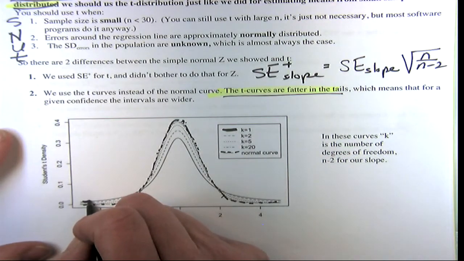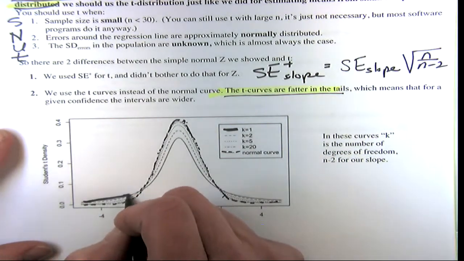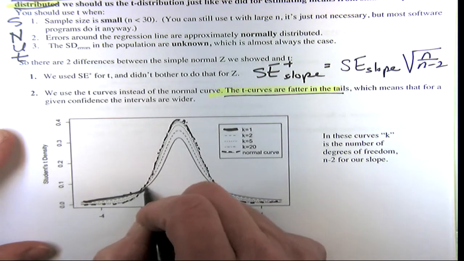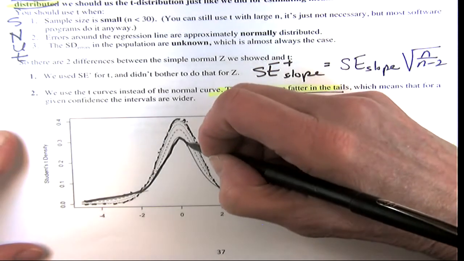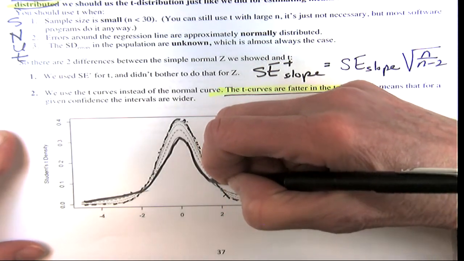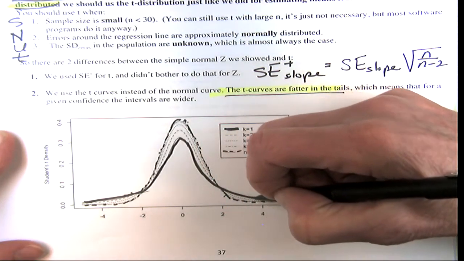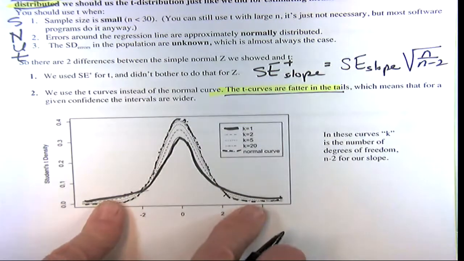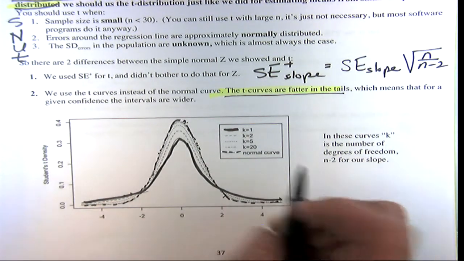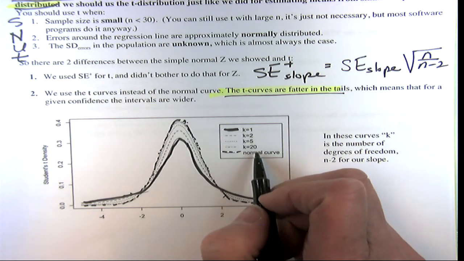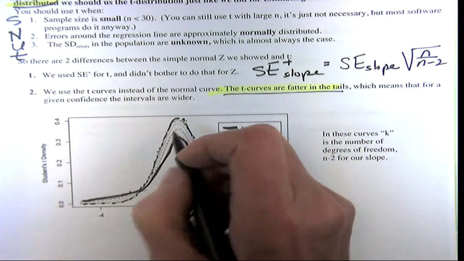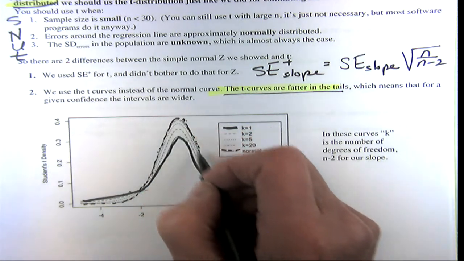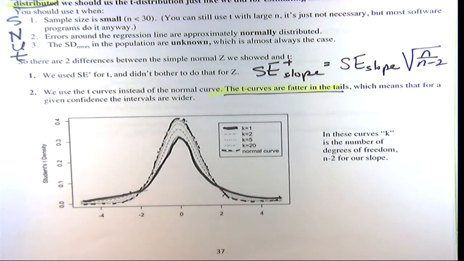And this diverges the most from the normal curve. And you see how it's shorter in the middle, and more of the area is out in the tails. It's more spread out. It's fatter out here. And by the time, like here, k is equal to 20, that means with a sample size of 22, you can see it's very close to the normal curve. It looks very close. All right.